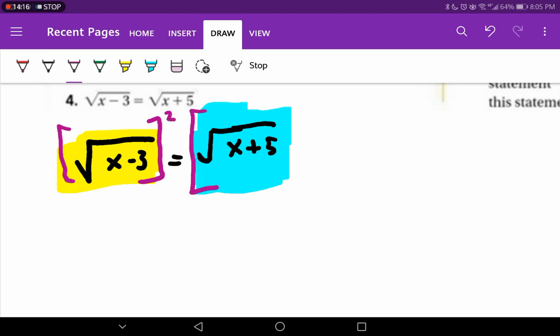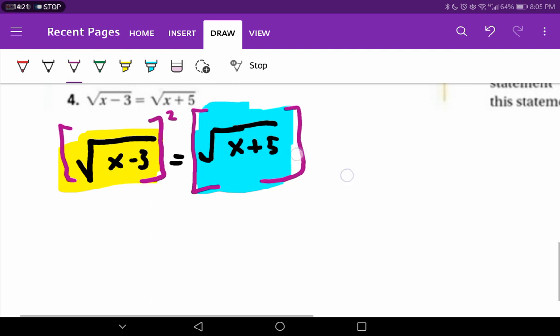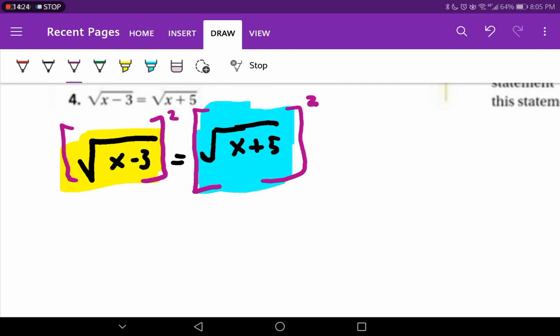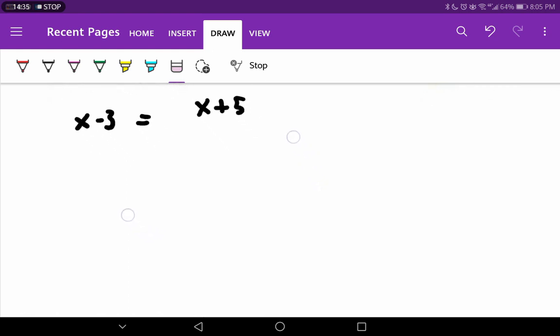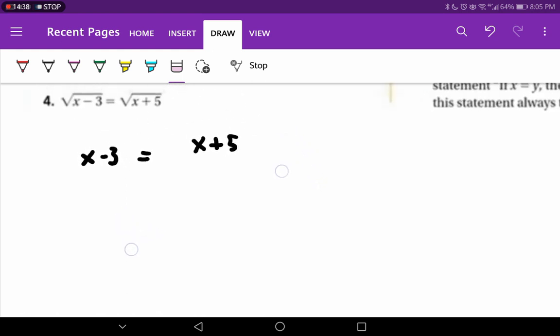If you raise the left side to the power 2, you have to raise the right side to the power 2. Now the power kills the radical. You see? Beautiful. Now we get this. Oh my God.